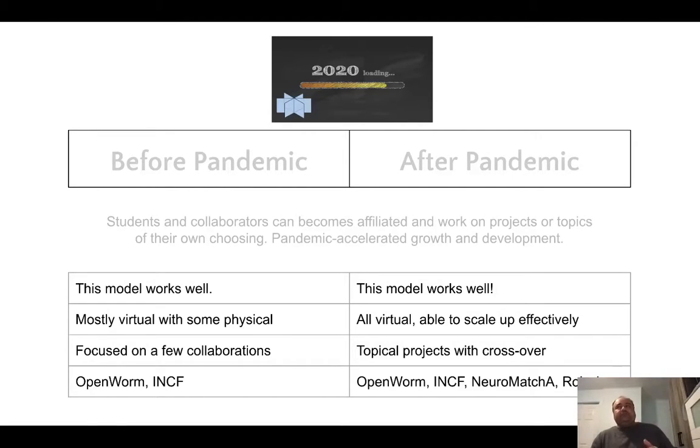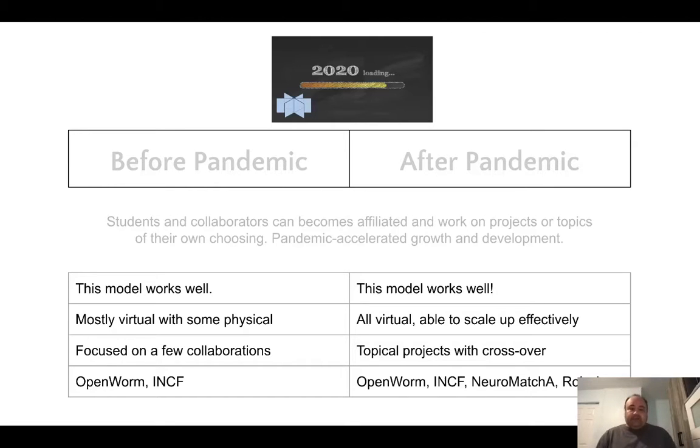And that was really a strength of what we were doing, because about that same time, you started to see technologies become mature that allowed us to really move, and institutions for that matter, allied institutions that allowed us to move forward a lot faster. So we were mostly virtual before the pandemic. After the pandemic, we were all virtual and we were able to scale up effectively. We may introduce some physical activities after the pandemic has abated, but I think the virtual side is really one of our strengths.